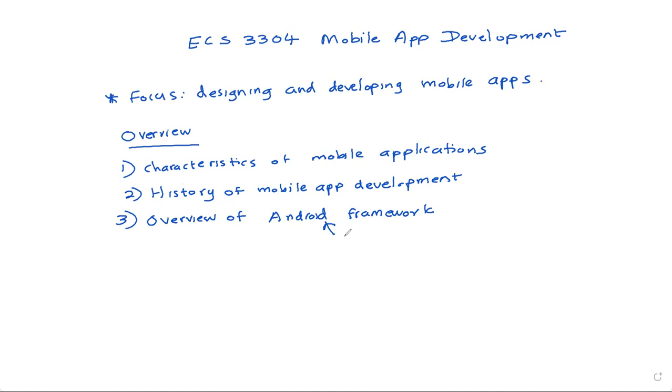However, we also have other operating systems such as iOS, which are also widely used, especially in Apple phones. So we'll be focusing on Android first, and then we will discuss the iOS operating system as well.